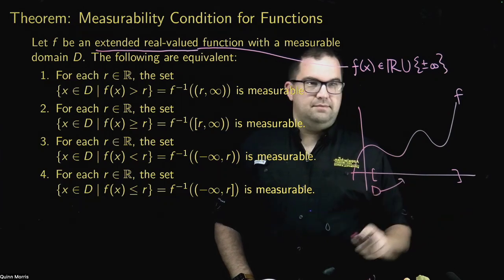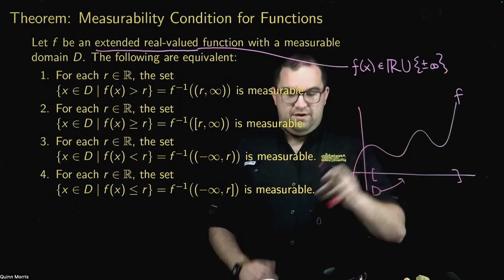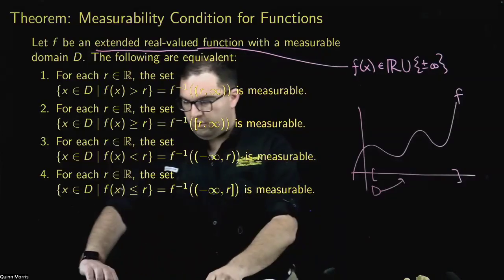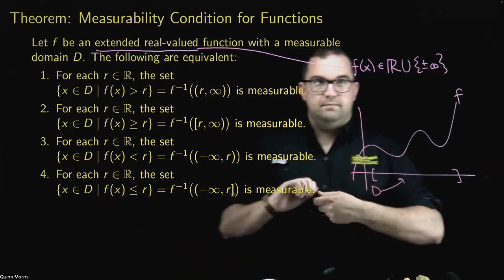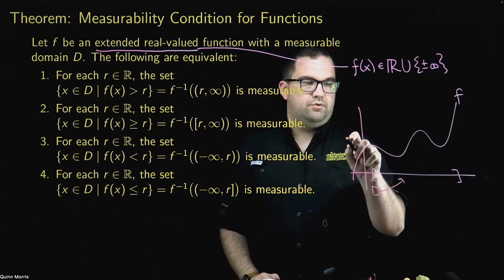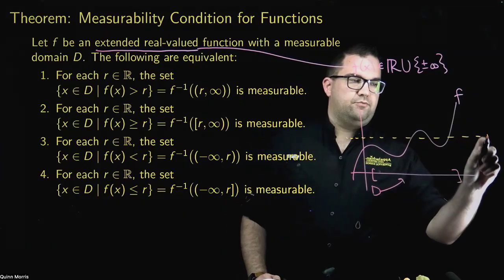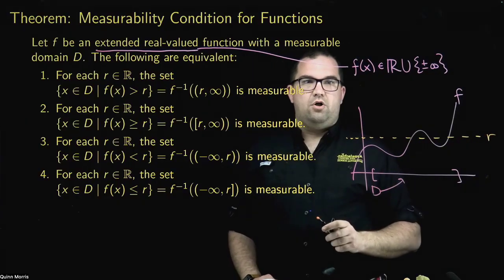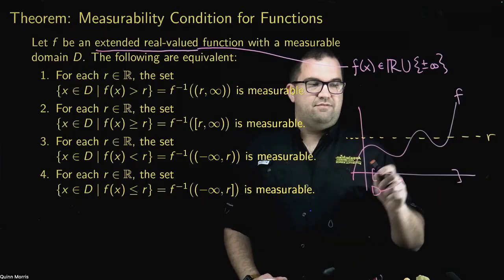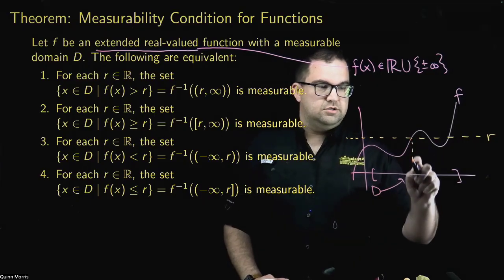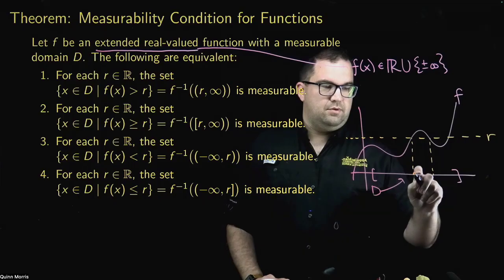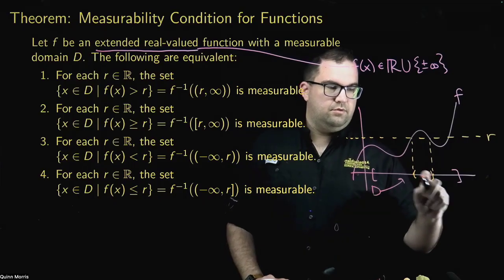This is your domain D. If for every real number r, so imagine you pick some real number r, the set of all x values such that f of x is greater than r. So here, what would that be? That would be like this interval.